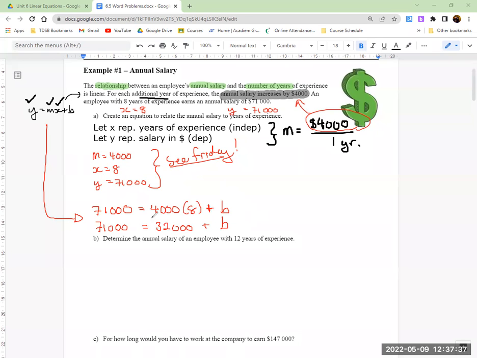Then let me isolate. I will subtract 32,000 from both sides, and you can confirm with me, but you will get the b value to be 39,000. So the equation is y equals 4,000x plus 39,000.